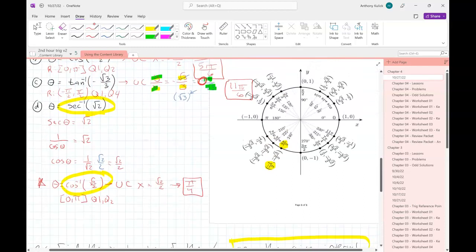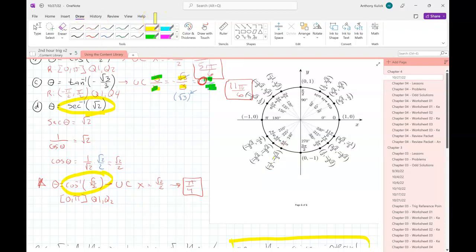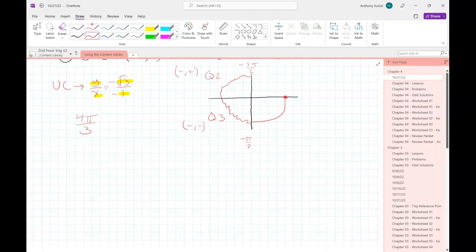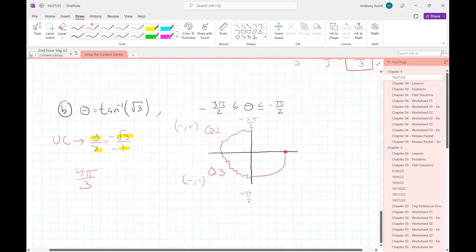I'm looking for a place where the y-coordinate has a square root of 3 in it, and the x-coordinate has a 1 in it. So I have 4 pi over 3. Now, does that lie in my interval?